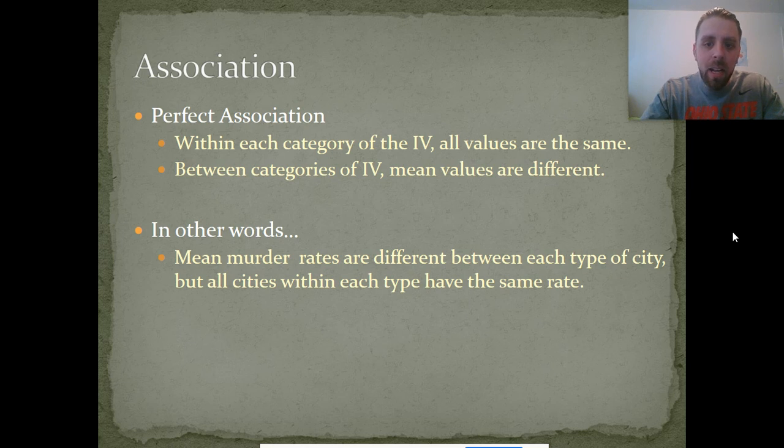So put another way, I would see the same number for every observation within a group, but I would see a different group mean from anything else. That would tell me that all variation is being driven between the groups.